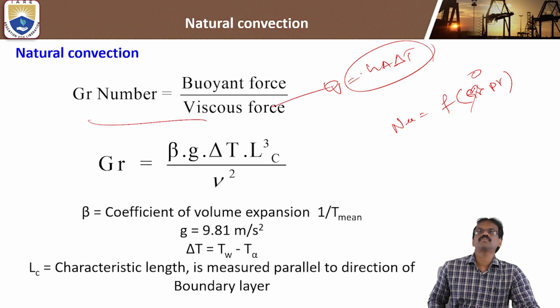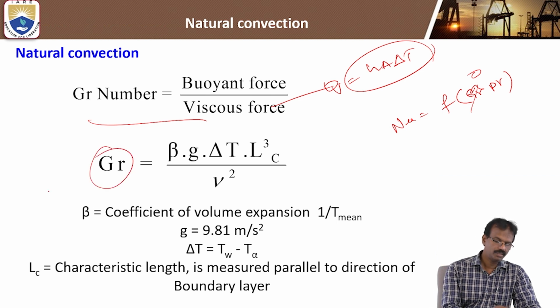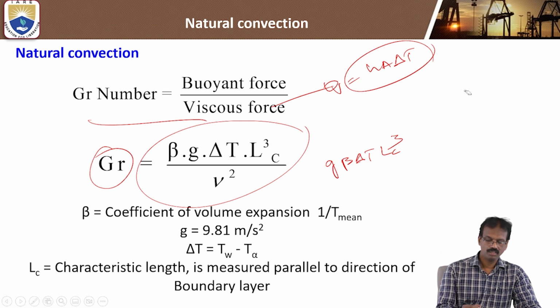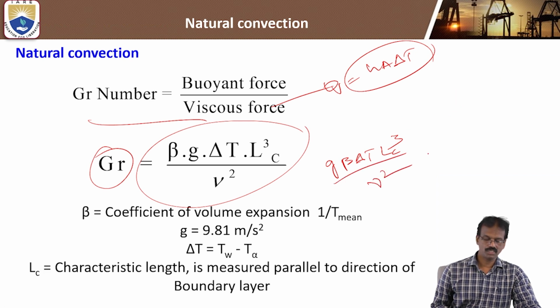Grashof number is nothing but buoyancy force by viscous force. It is represented with Gr. This is the final formula: g beta delta T Lc cubed by kinematic viscosity squared.